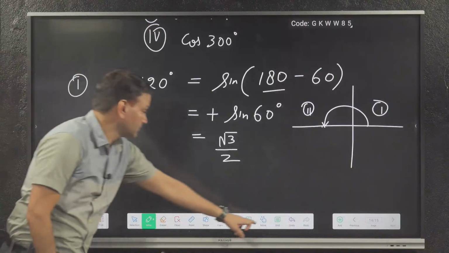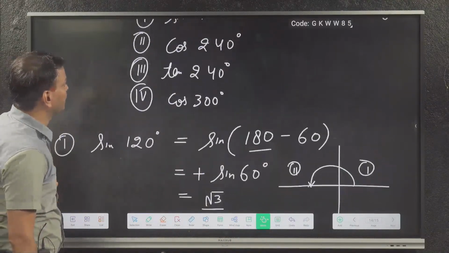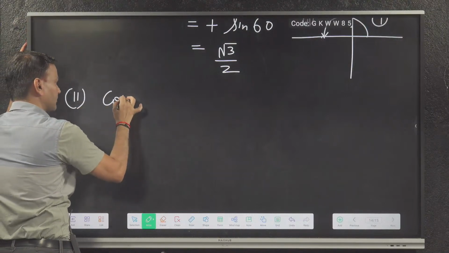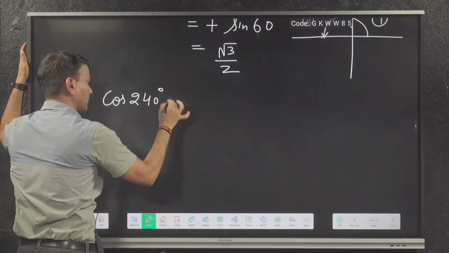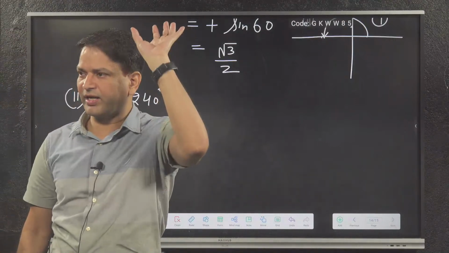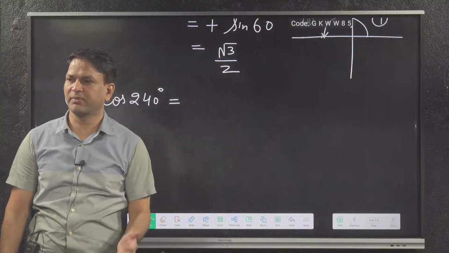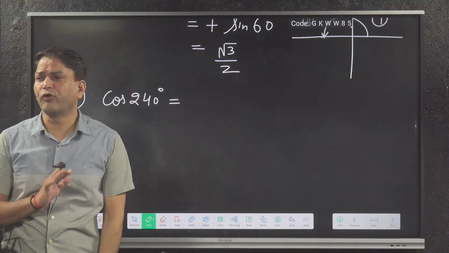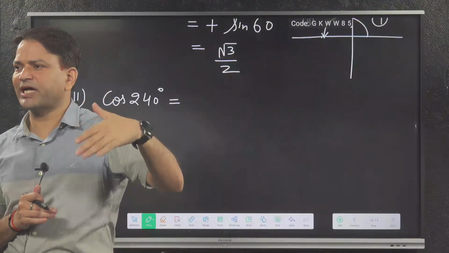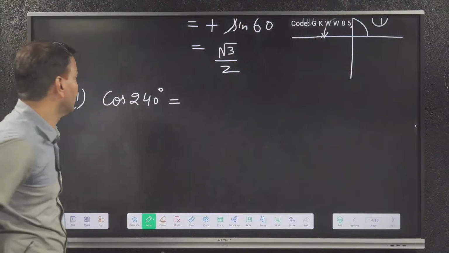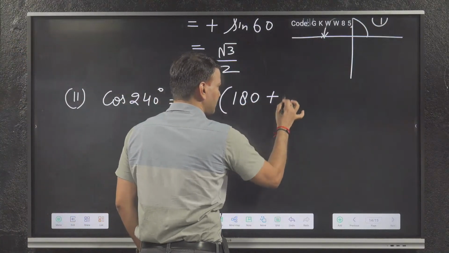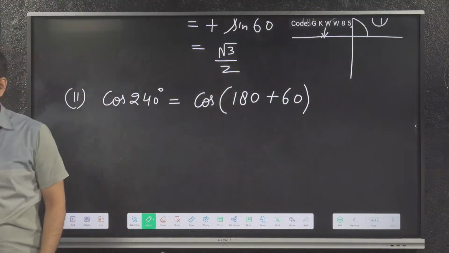Okay. Now next, one more I will show, cos 240. What I said again, try to split into 180 minus or plus; that is another way, later we will say. First we have to go to 180 plus, 180 minus, 360 plus, 360 minus. So 240 is more than 180. How much will I add? 180 plus 60. So I can say cos of 180 plus 60, that is equal to 240.